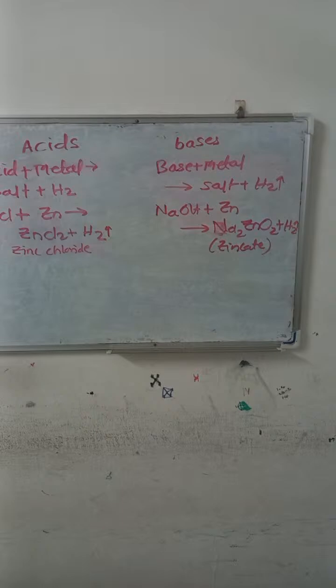Then we are discussing the reaction of metal carbonates and metal hydrogen carbonates. Okay, so take a screenshot. I hope everyone has the NCERT textbook with you. Okay, first part we finished, that is acids and bases reacting with metals.